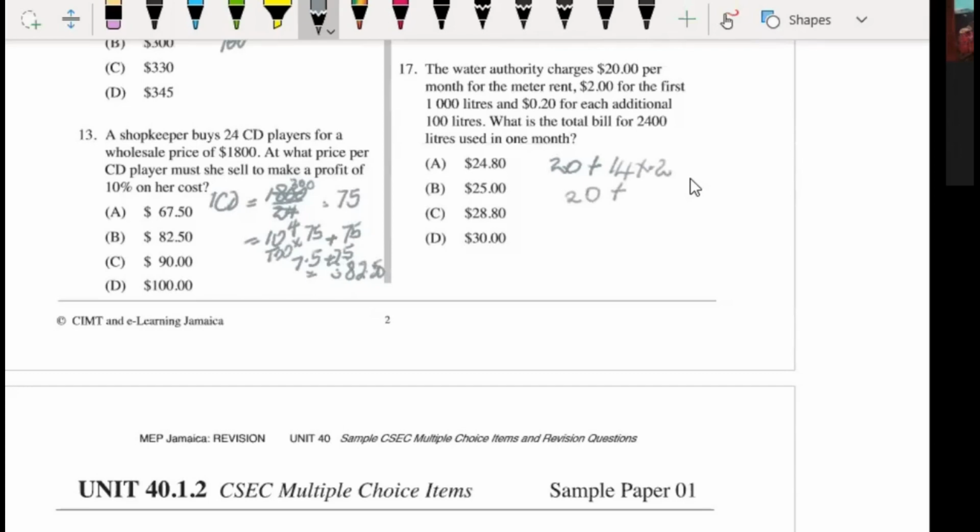Oh, sorry. We need another $2 here. That is $20 for the monthly charge and $2 for the first 1,000 liters. So this is 22 and 2.80, $24.80. So the answer would be A.